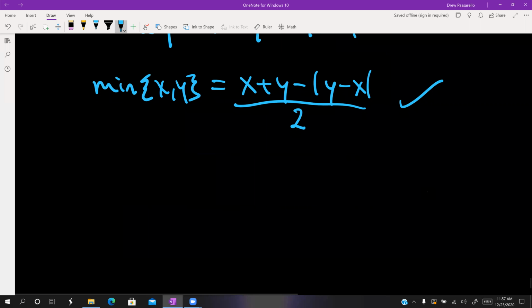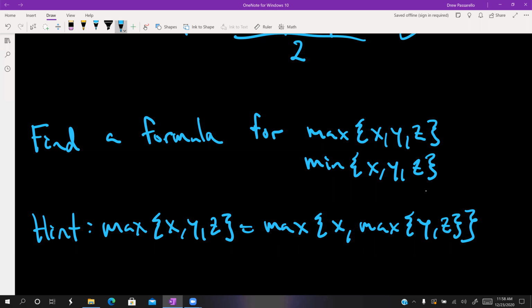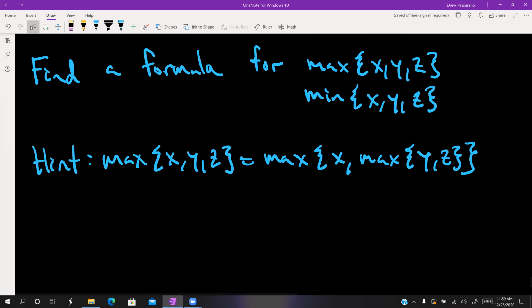Okay, and the last bit's just finding a formula. So we're going to find a formula for the max of 3 things, x, y, and z, or the min. And the hint is pretty much what we need. They tell us that the max of x, y, and z is the same as the max of x with the max of y and z. Well, essentially from the hint, we can just plug it into our already known formula.